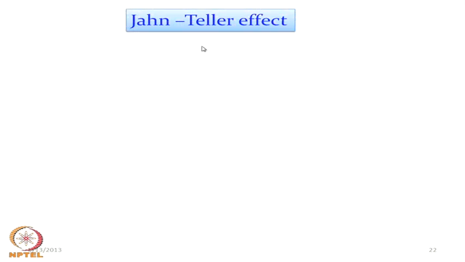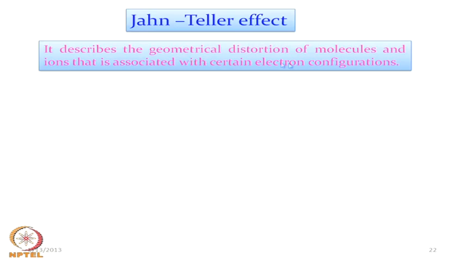Then we will extend to our next class how these distortions can be very effective for the corresponding Jahn-Teller effect. So, this is a very simple and effective effect. This can be known from the corresponding interactions. If we can have a geometrical distortion of molecules and ions that is associated with a certain electronic configuration, then the electronic configuration will dictate the corresponding distortion.